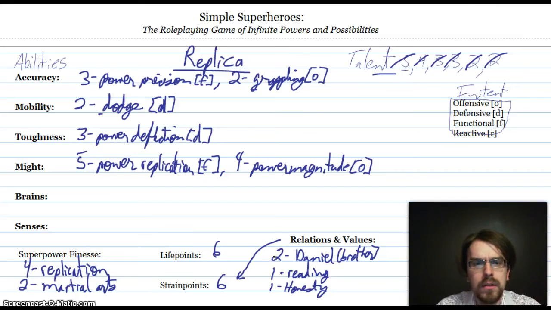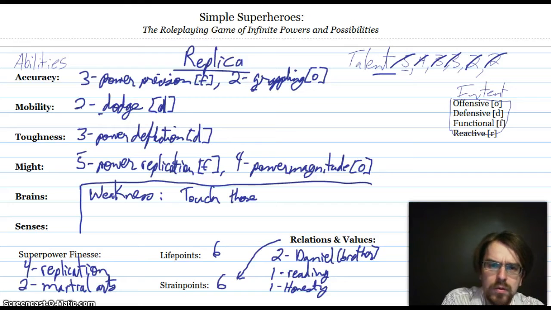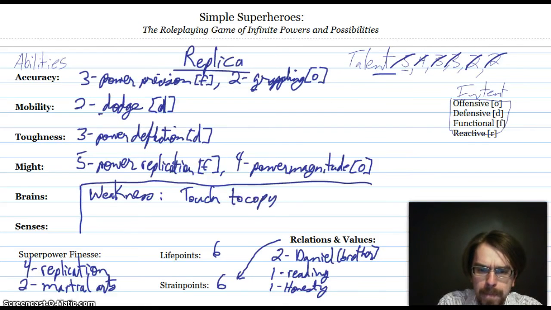The only other thing that you need to have for a Simple Superheroes character is a weakness. And I'm just going to put that over here because she has no significant brains or senses talent. And her weakness is that she needs to touch 2 copy powers.